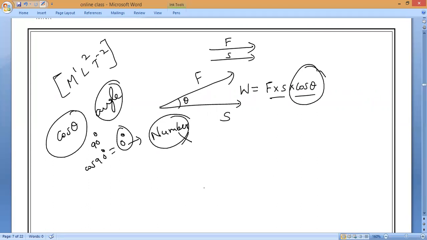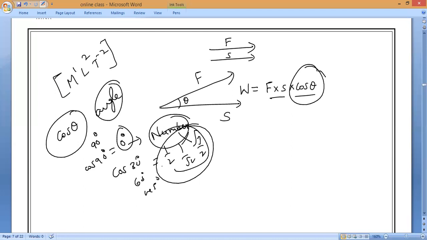Please respond. If it is cos 30, cos 60, cos 45, definitely we are getting some value, correct? 1 by 2 or 1 by root 2 or root 3 by 2, something we are getting as a value. So this constant does not have dimension. So does cos theta have any dimensions? No dimensions. Clear?